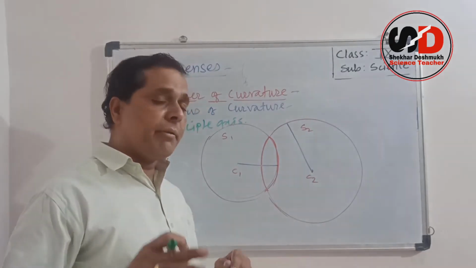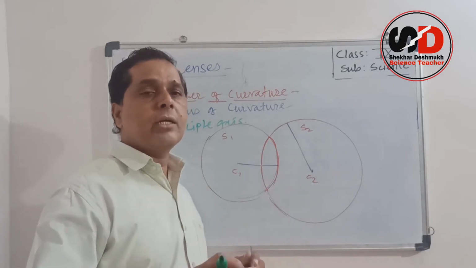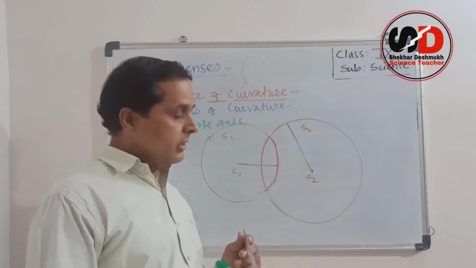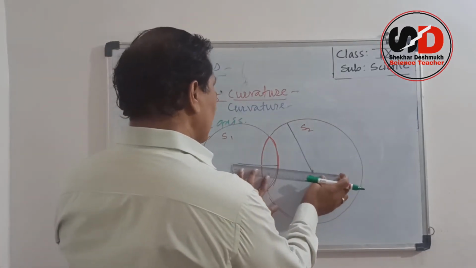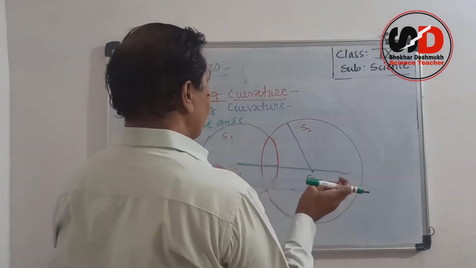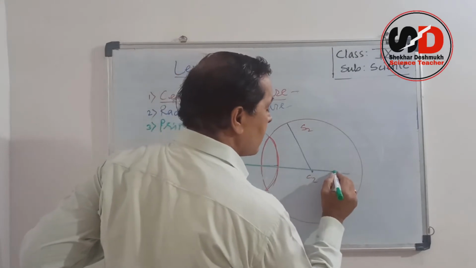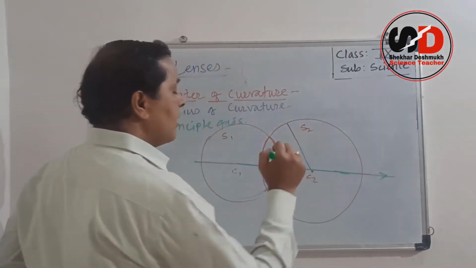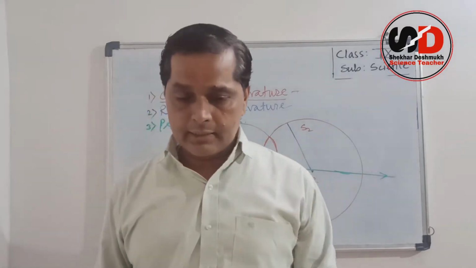It is nothing but the imaginary line passing through the two centers of curvature of the spheres, C1 and C2. An imaginary line which is passing through these two centers of curvature is nothing but the principal axis.